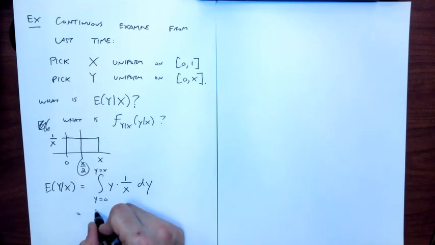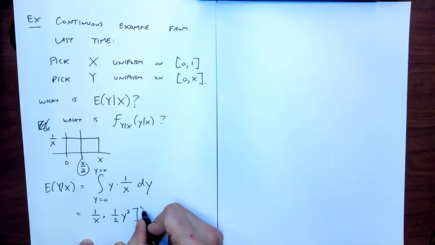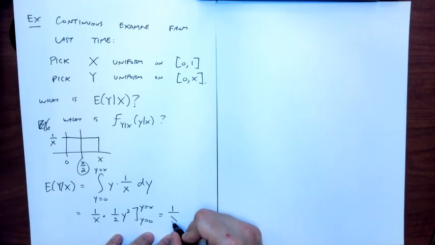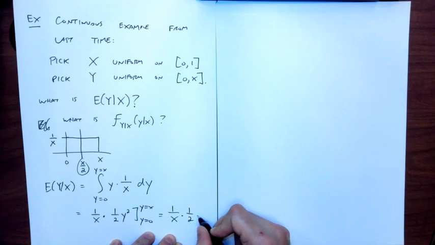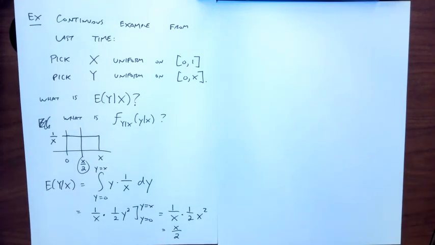And so I would have 1 over x times 1/2 y squared from y equals 0 to y equals x. So I'm going to get 1 over x times 1/2 times x squared, which is the same x over 2 that I could get from the picture, right? So, I didn't have to do this integral. I could just look at the picture, but I can show that the integral is still the case, right?